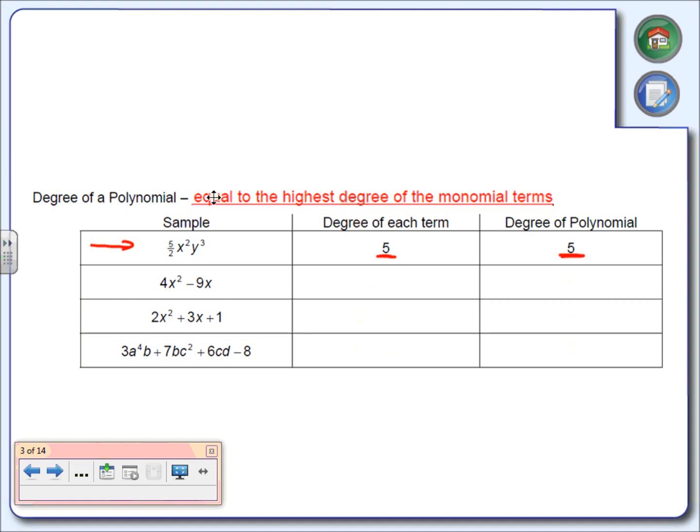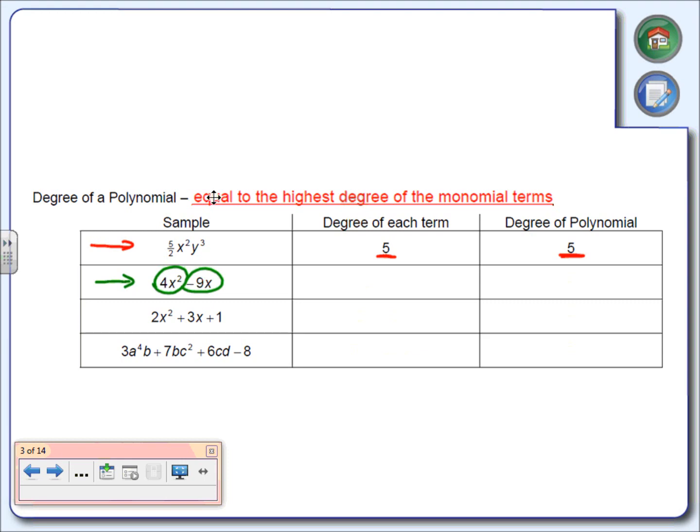If we look at the next one, though, what kind of polynomial do we have here? Bi. It's a binomial. We got two terms. So what we're going to have to do on this one is identify what the degree of each term is. So this is what I mean. This first term, what's the degree of that first term? 2. What's the degree of this second term here? 1.